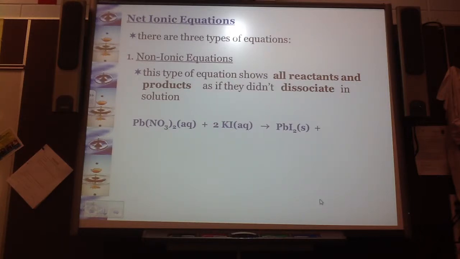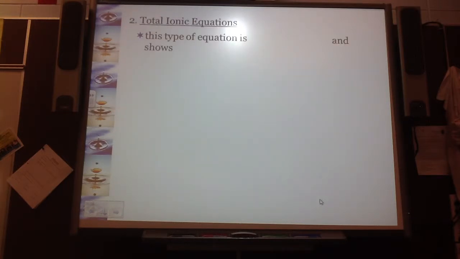And then, what's left over? Well, it's a double replacement reaction, so it's like they switched their dating partners, and now I have potassium nitrate left over. So this type of reaction, this is how you did it in Science 10, yes? Okay. Now if we put together our knowledge of dissociation and our knowledge of writing these equations, what we can make now is a total ionic equation.